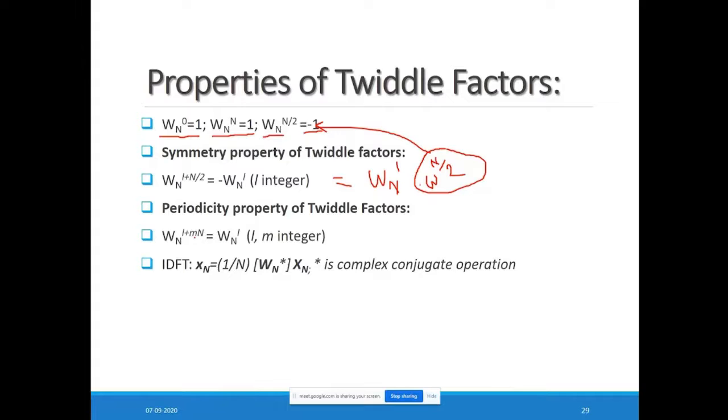Now we go for the second property, that is the periodicity property of the twiddle factor. Now here omega suffix n raised to L plus mn. If I expand this term, omega n raised to L into the second term omega n raised to mn.